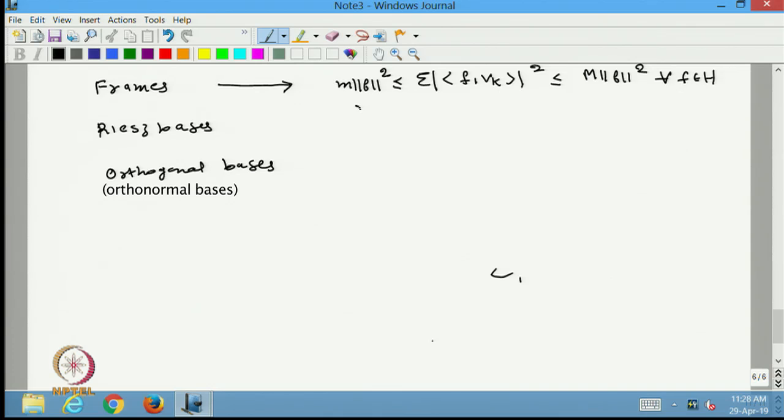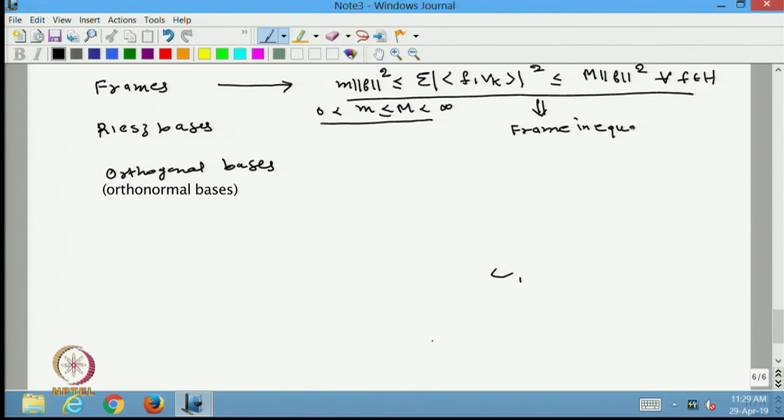Small m and capital M are constants which satisfy this inequality. When v_k satisfies this condition, it is called the frame inequality, and small m and capital M are called frame bounds.